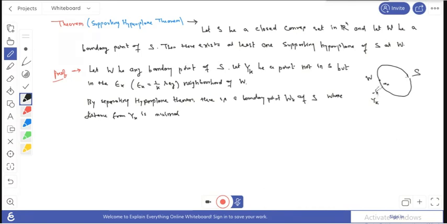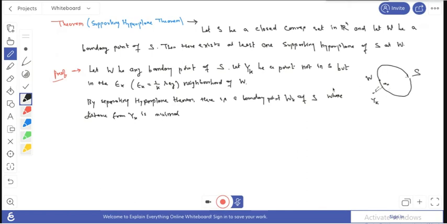Where these infinite number of points y1, y2 up to yk are not in S, we get different points w1, w2 up to wk on this set S, whose distance is minimum. Okay, and if you assume that at any point wk there is a hyperplane which passes through that wk, and that is ak transpose x equals pk.